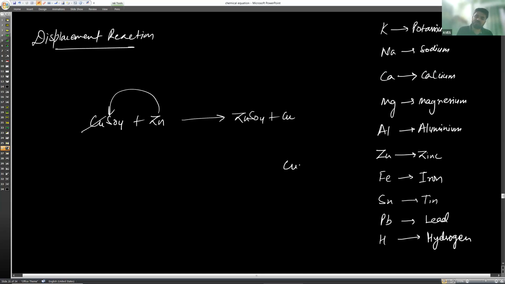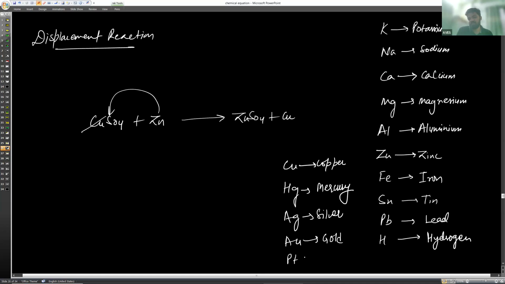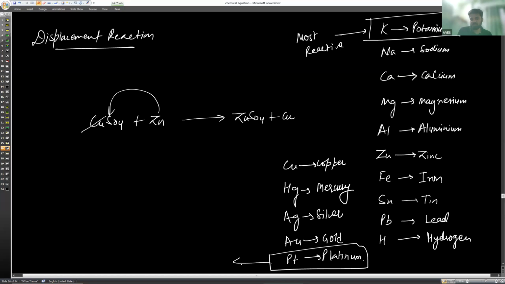Then we have copper, then mercury, then silver, then gold, and then platinum. Okay. So this one at the top is the most reactive, most powerful metal in this series. And platinum is the least reactive.